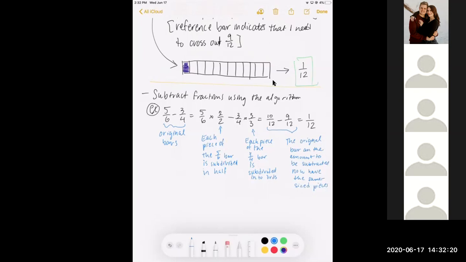So we can cross off those pieces and express the difference as one fraction.